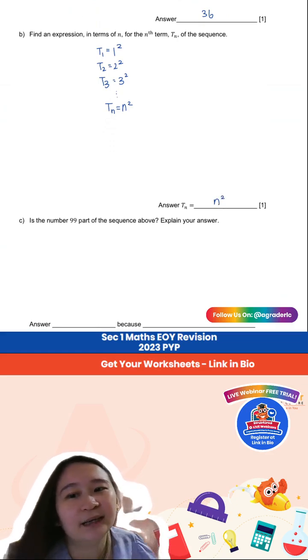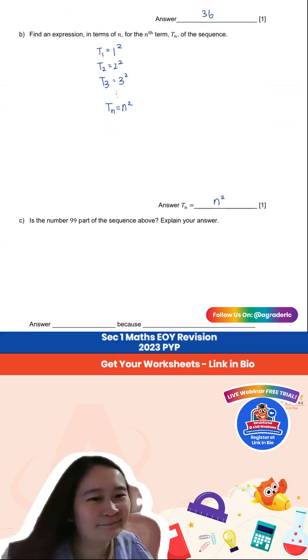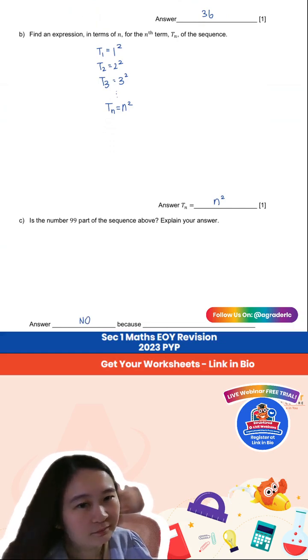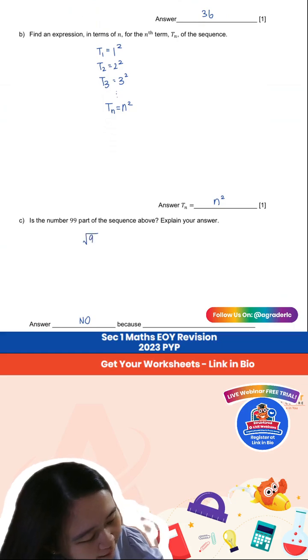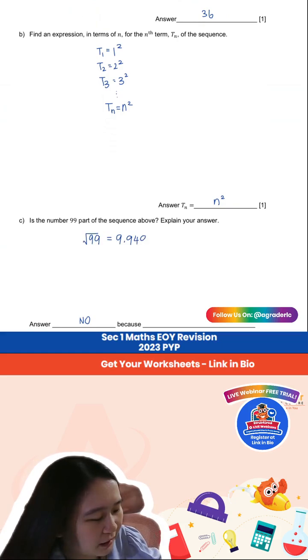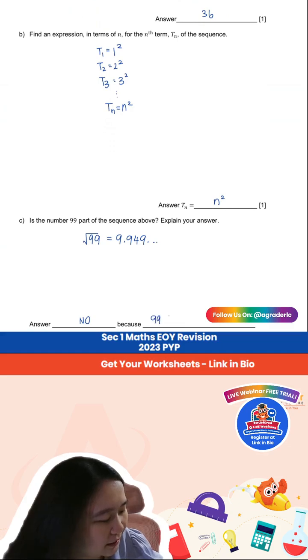So is the number 99 part of the sequence above? Explain your answer. No. So because square root 99 will give you 9.949 and so on, it's not an integer. So 99 is not a perfect square.